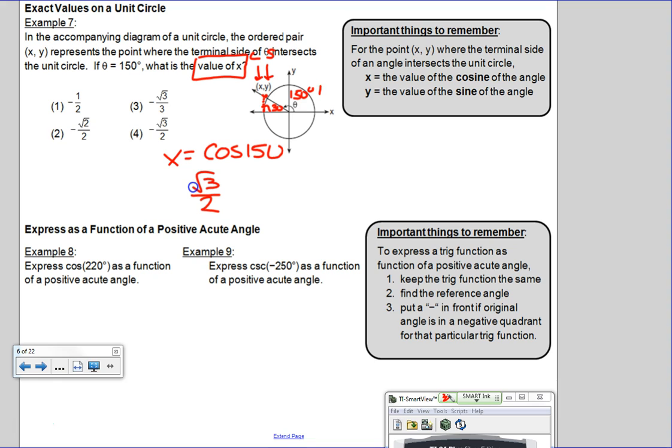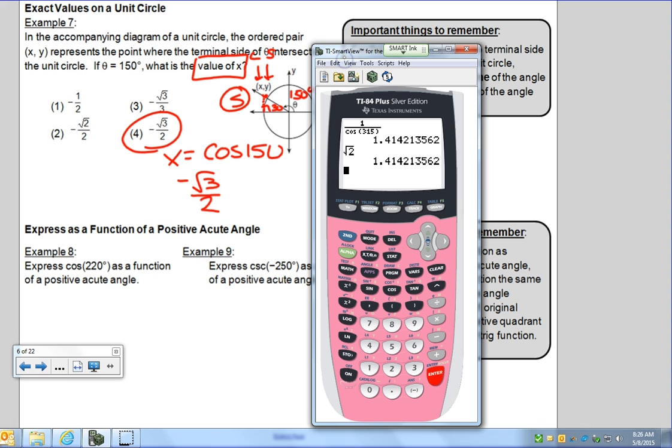And then because I'm in the second quadrant, and that's the sine quadrant, that means cosine is negative. Now it is a multiple choice, so as long as you knew it was cosine of 150 for the x value, you could have just gone through each choice and matched the values. And it is the same.